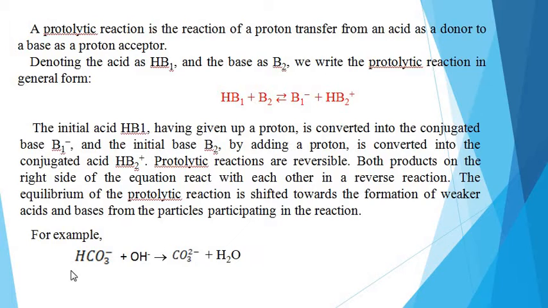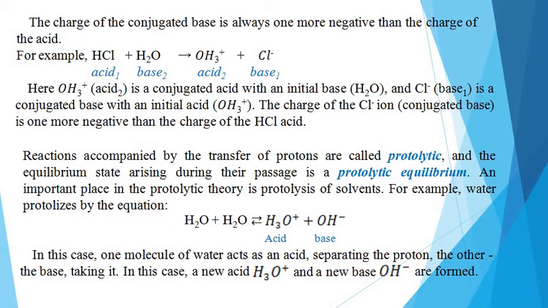For example, the reaction between hydrocarbonate ion with the attached hydroxide ion as the bases. In this case, carbonate ion is released. The charge of the conjugated base is always one more negative than the charge of the acid.